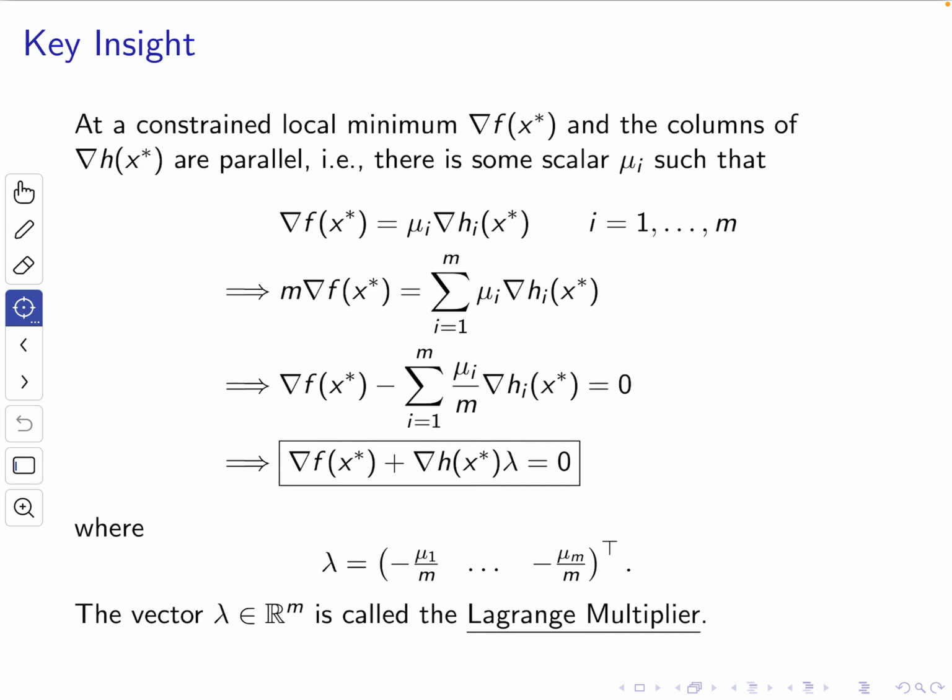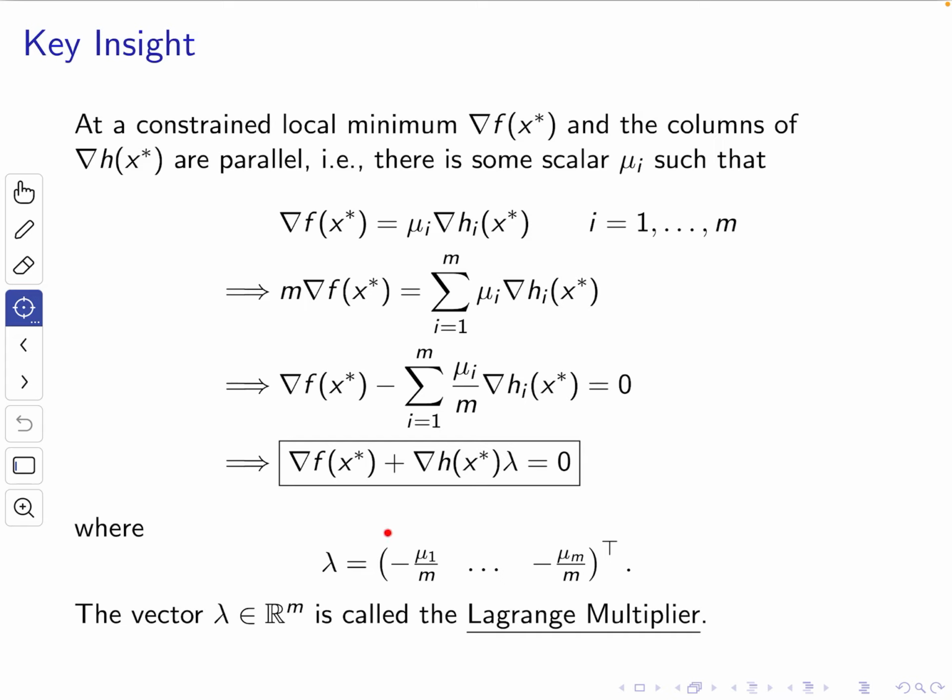I sum all of these, where m is just the sum over the mu i's. And then I could divide by m and move this to the other side, and I'm going to get the gradient of f minus some scalar times the gradient of h is equal to 0. So if I put h back in its matrix form, these are going to be the rows of h, times each of the lambdas.